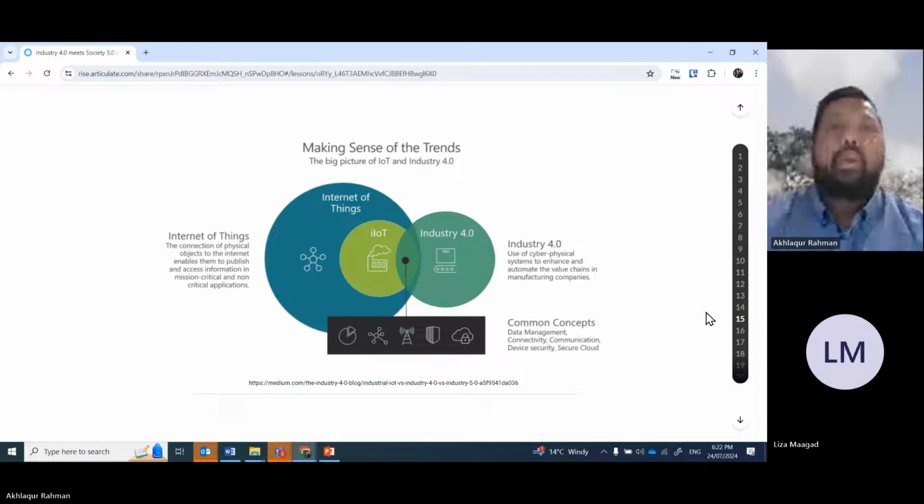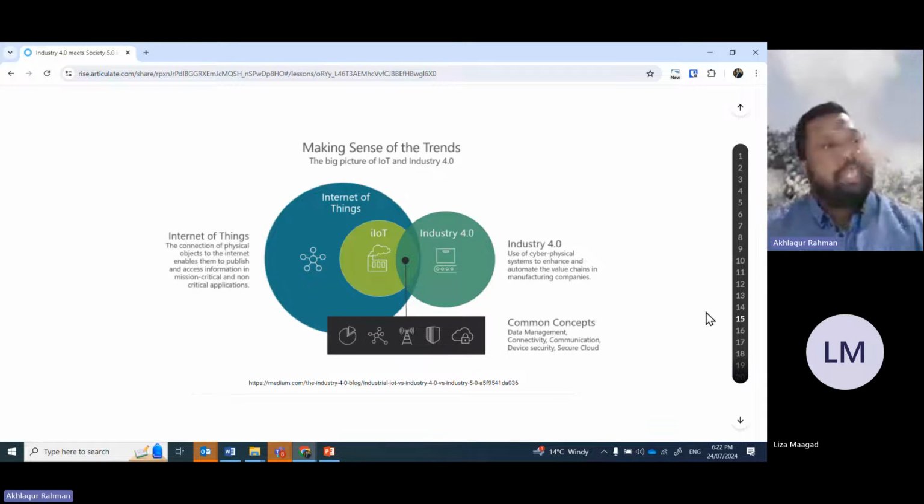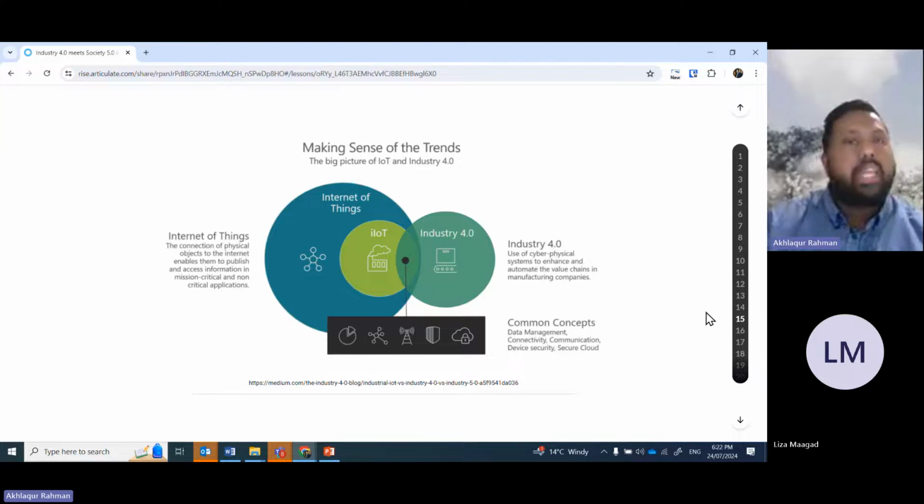Now, if we want to make sense of what Industry 4.0 is, as I already mentioned, Industry 4.0 goes hand in hand with IoT, or Internet of Things. With the Internet of Things, the devices can communicate with each other, right? And Industry 4.0 is basically using that technology so that all the cyber physical systems can enhance their capacity.